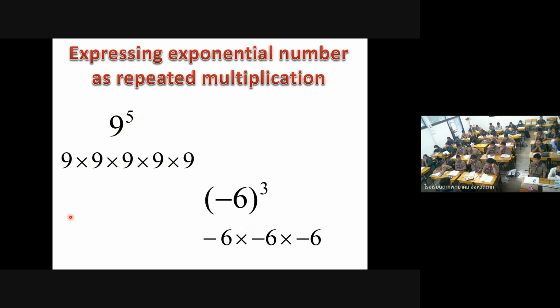Now, let's say I give you the repeated multiplication. What is this in exponential form? What is 7 times 7 times 7 times 7 times 7 times 7 times 7 as an exponential number, anyone? That is 7 to the power of 7.